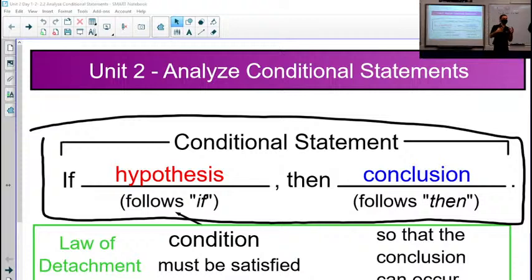So we have two different parts of this sentence. We have a hypothesis, which is the condition that I am telling you, and the conclusion that you can make based on that information.